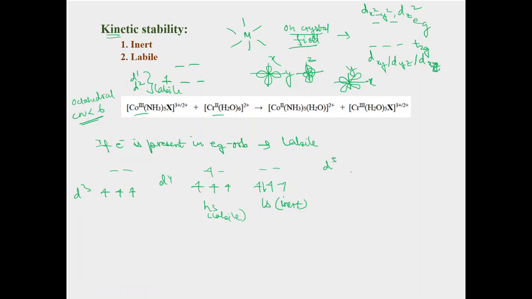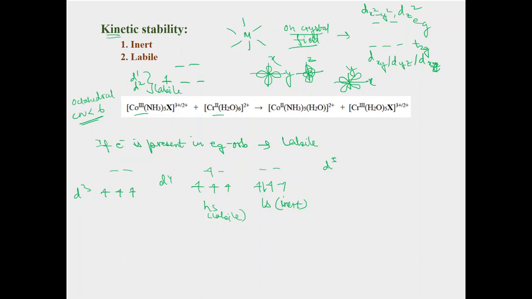Ma'am, please repeat from where you told two energy sets T2g and Eg. One quick revision, please. Okay, so it was split into two energy sets, T2g and Eg. T2g has dxy, dyz and dxz orbitals, whereas Eg has dx square minus y square and dz square orbitals. Right.